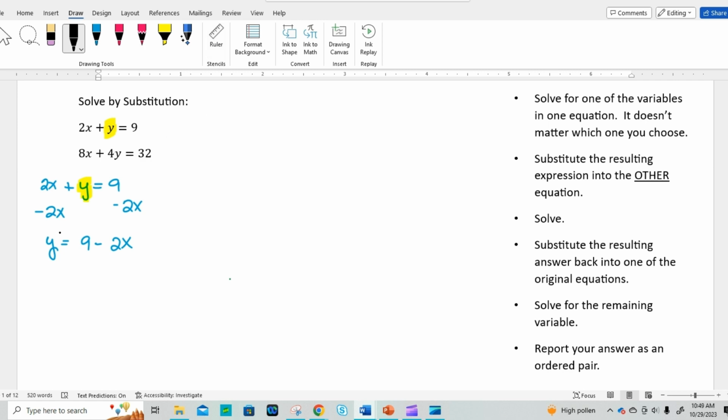Now I know that y is by itself, and I know that what y equals, it equals 9 minus 2x. So I'm going to put that into the other equation. So that's the equation that I worked on. The other one is 8x plus 4, and I'm going to make my parentheses, is equal to 32. The 9 minus 2x goes into the parentheses.